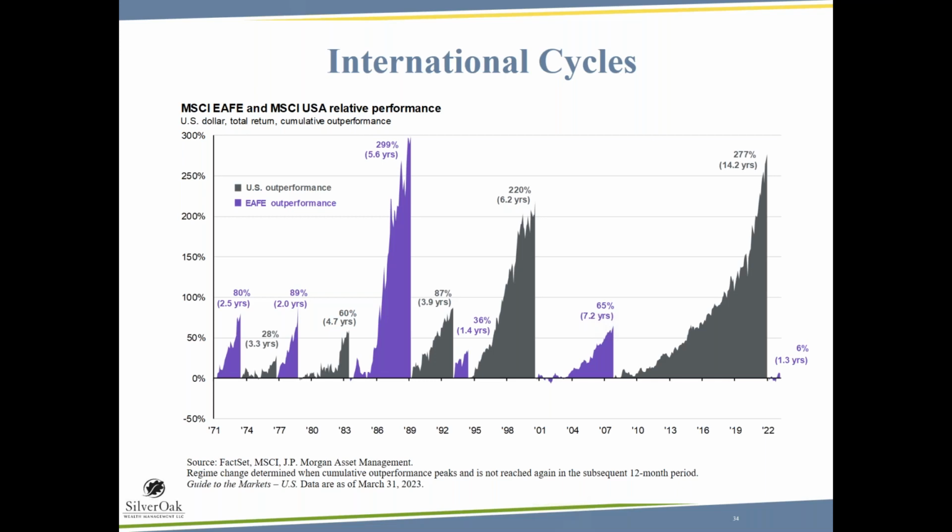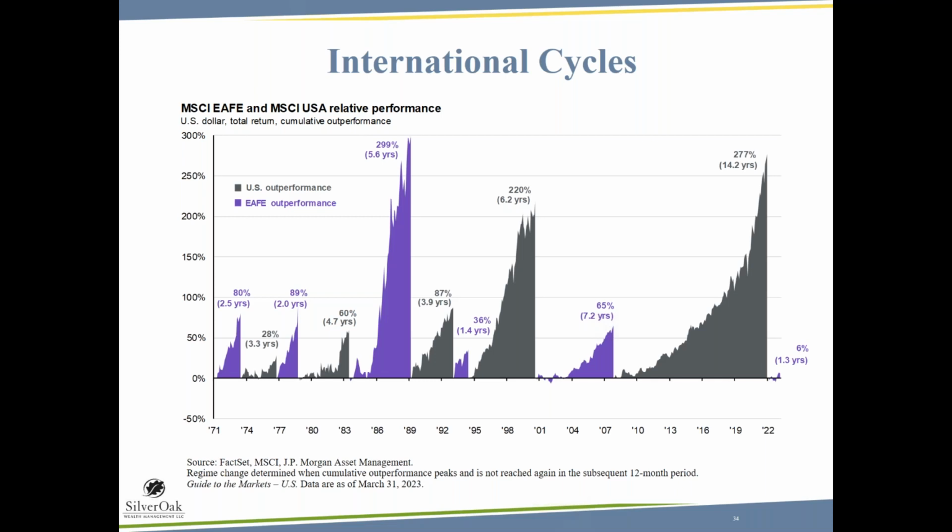That's international outperformance. So it has been a long time since we've seen international outperform, and that's probably why you made the comment earlier that a lot of investors were just ready to be done completely with international stocks. Right. When you also think about it, if you're younger, in your 20s, you haven't actually ever experienced international outperformance.